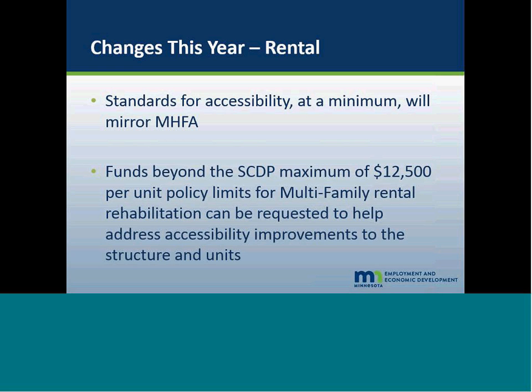For rental, that's where a lot of the changes have been with the process this year. Standard accessibility will mirror what MHFA has.